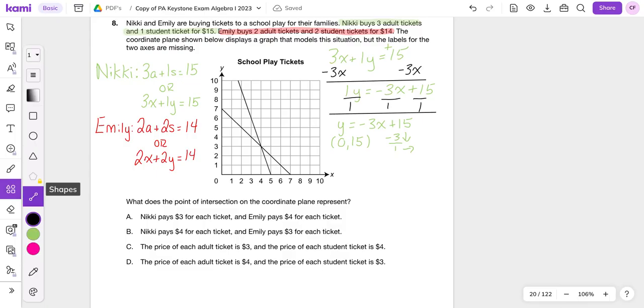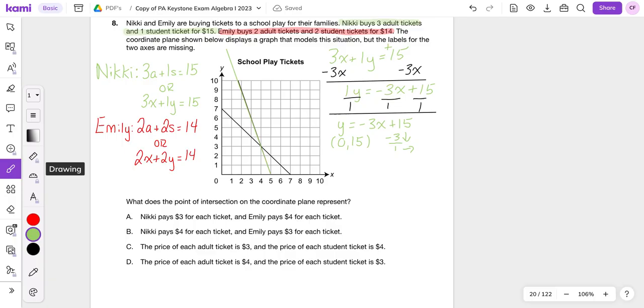But what that does tell us is the only one that goes off here is this one right here, which we could label as Nikki. By default, that tells us the other one is Emily, but just to make sure, we can convert this one as well.